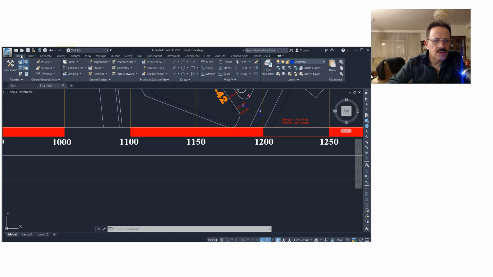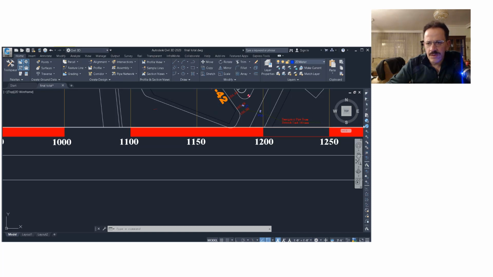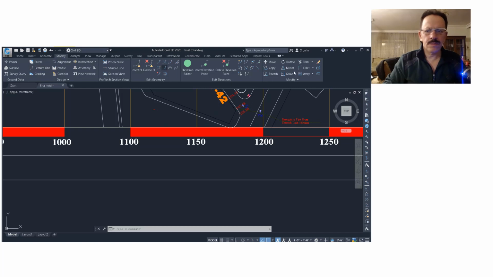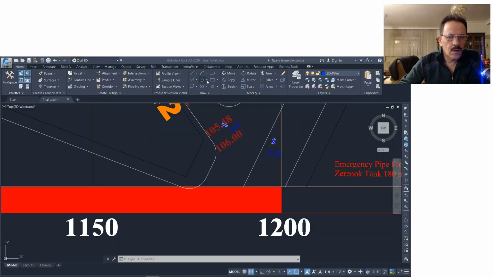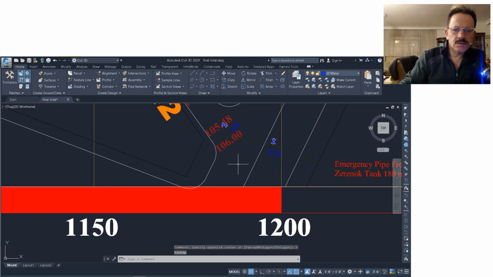I will assume there is a tank, and I will draw a point and say this is a tank.